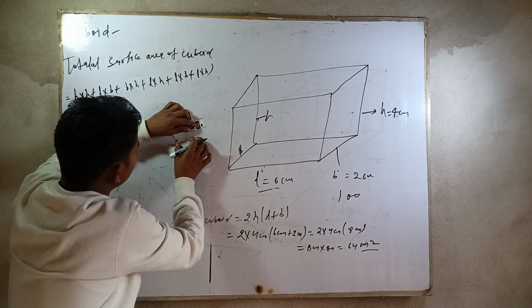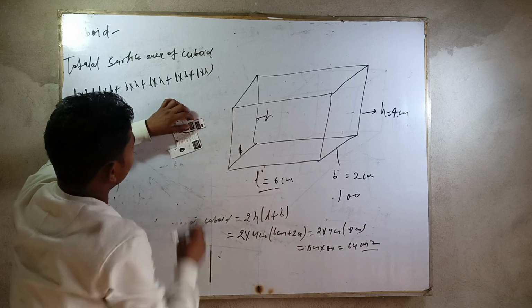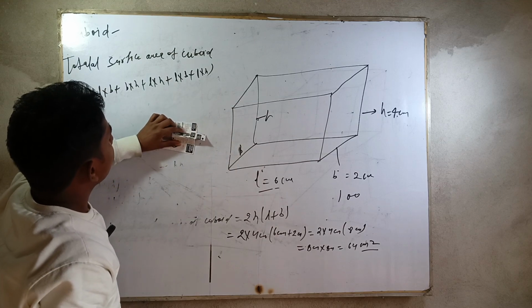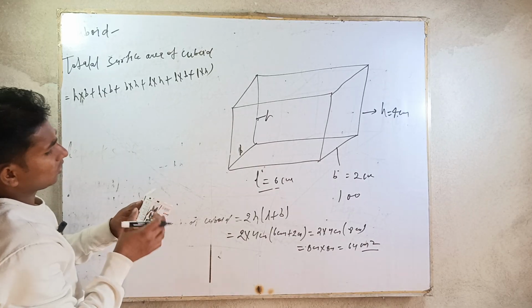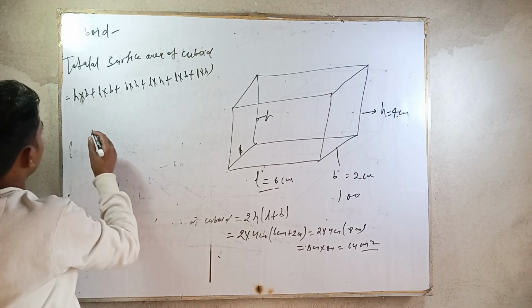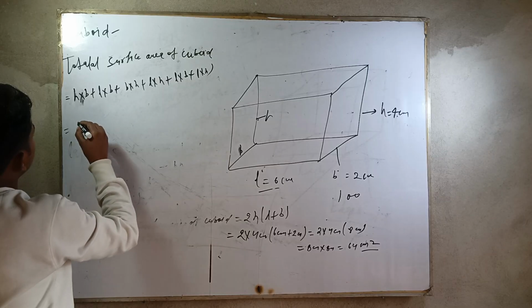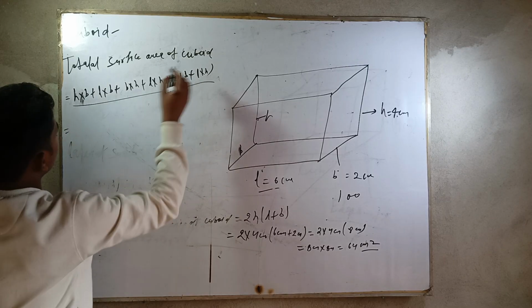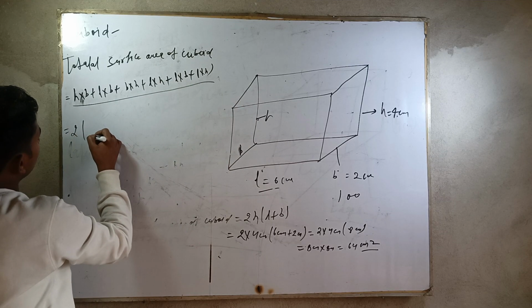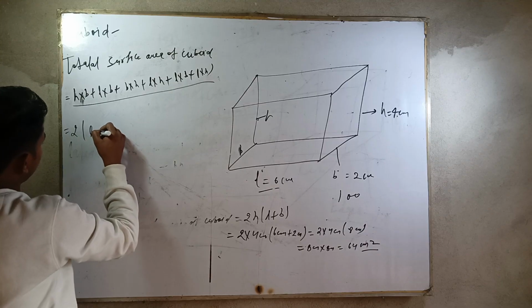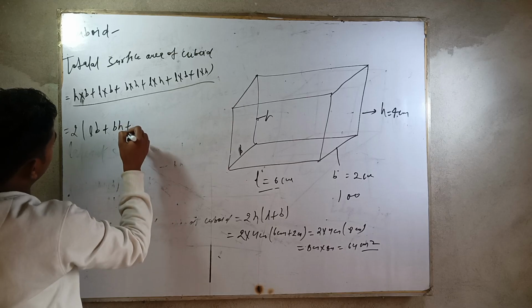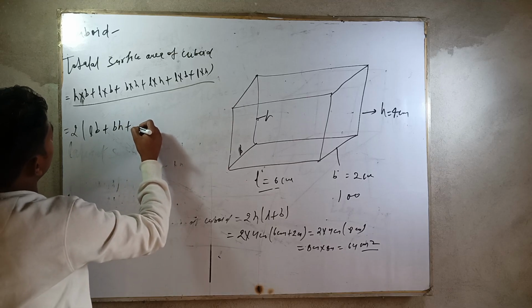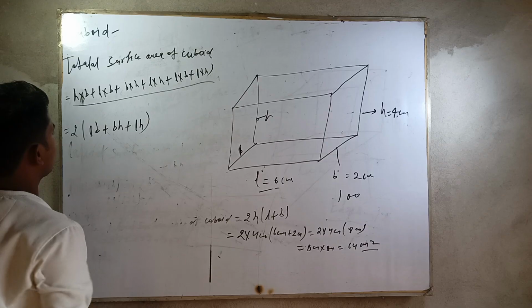Again, it's length, breadth, and height. That means I need to find 1, 2, 3, 4. If I add, then for all 6 faces, it will be 2 into L into B, B into H plus L into H.